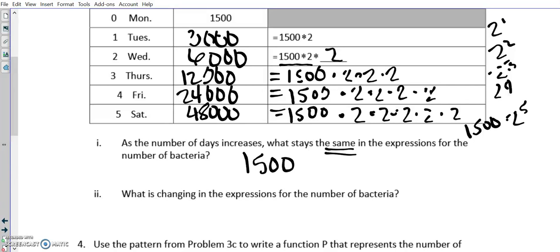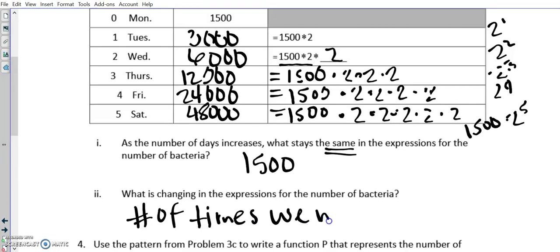Or how many times we multiplied the 1500 by 2 to get our next number, or doubling the number before the next. So for this, we could say the number of times we multiplied by 2, okay?